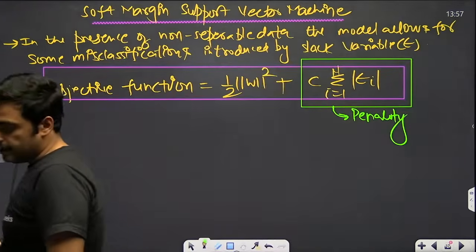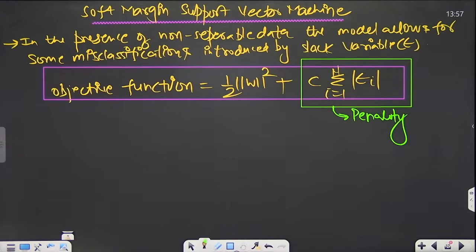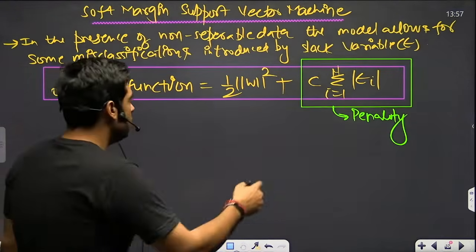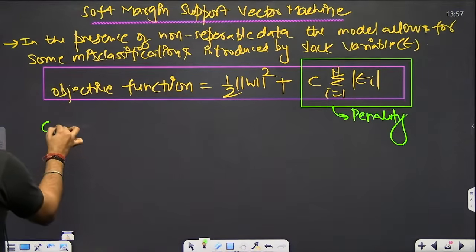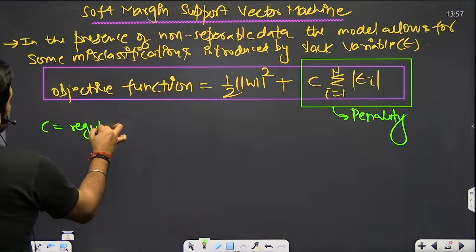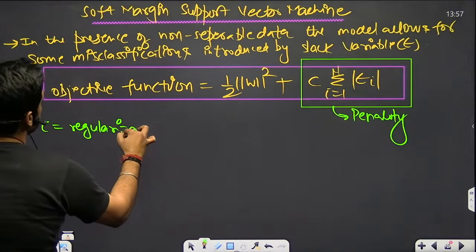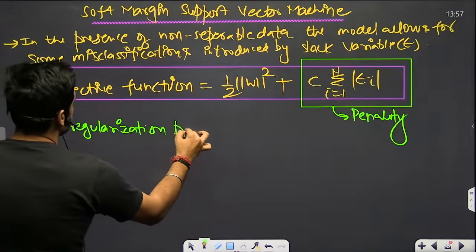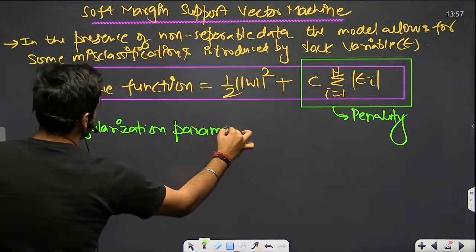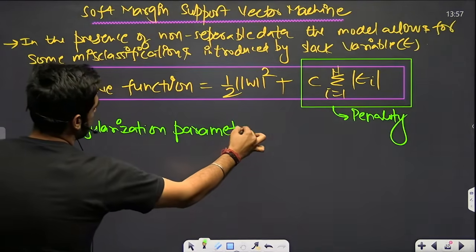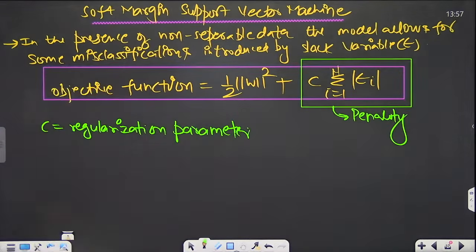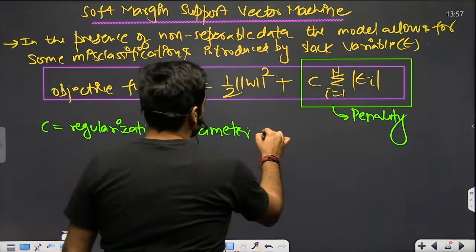Okay, and what is C? C is a regularization parameter. Okay, C is a regularization parameter that actually controls the trade-off between margin maximization and the penalty for misclassification.